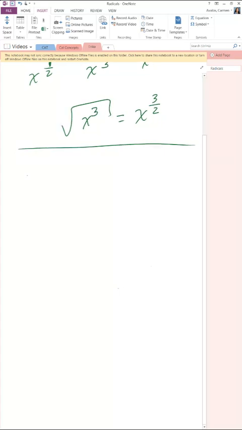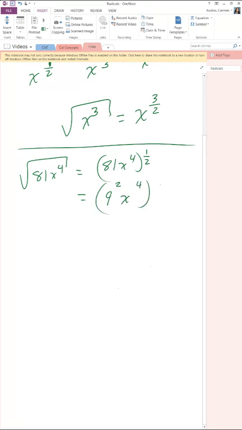For example, if I had a problem such as the square root of 81x to the fourth, you could change this to 81x to the fourth to the 1/2, and we know that 81 is 9 squared, and then x to the 4, and we have that to the 1/2.